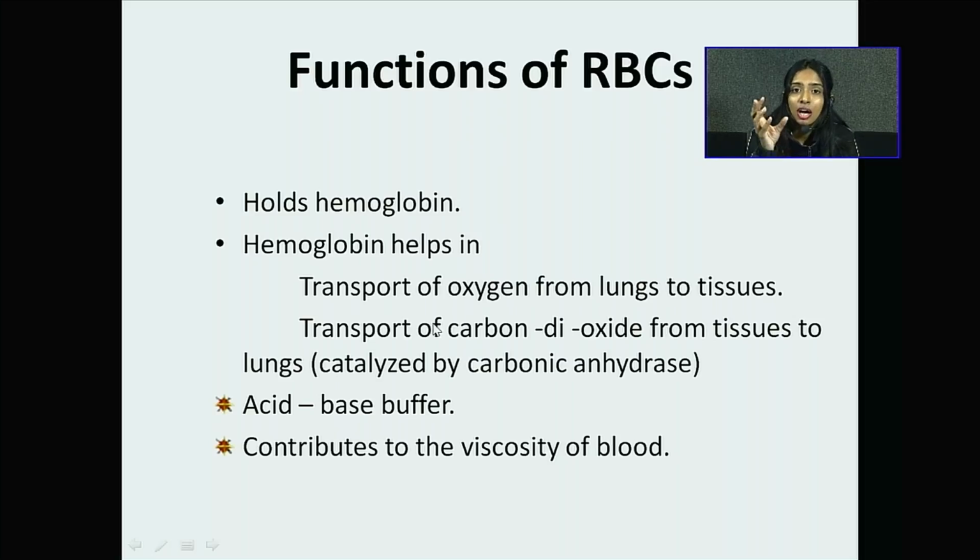So when carbon dioxide reacts with water, it forms carbonic acid. Now carbonic acid, what will it do? It will dissociate to form bicarbonate and hydrogen ions, and in turn the hydrogen ions are buffered by RBCs.